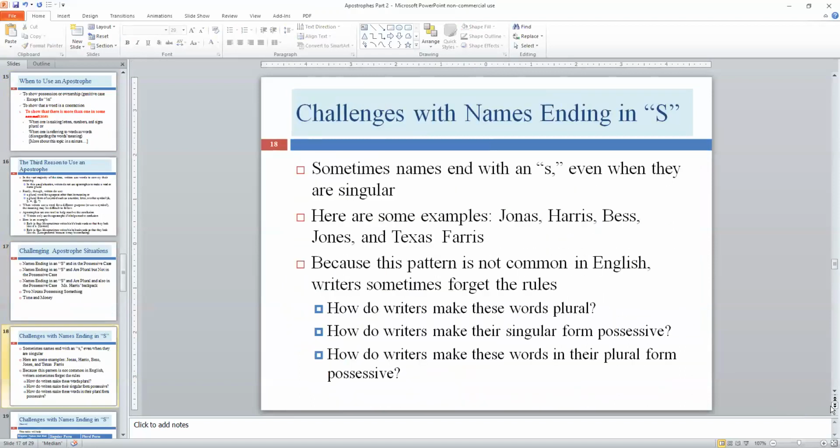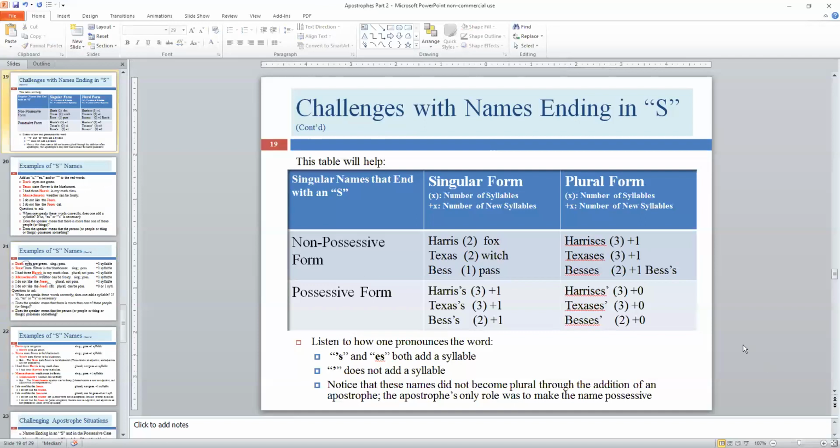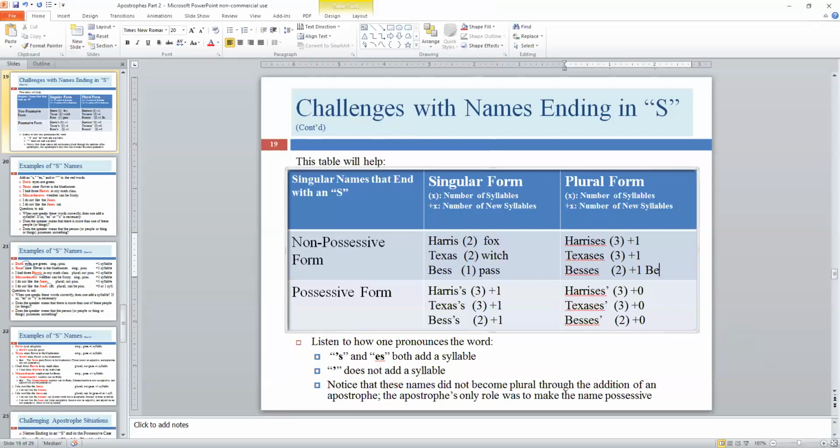When you're using an apostrophe, you always ought to think, is my use of the apostrophe consistent with my goals, or is it making more ambiguity? Well, if I'm using Besses to mean more than one Bess, and it's not possessive and it's not a contraction, why would I be using an apostrophe here? That makes it harder for the reader to know what I'm getting at.